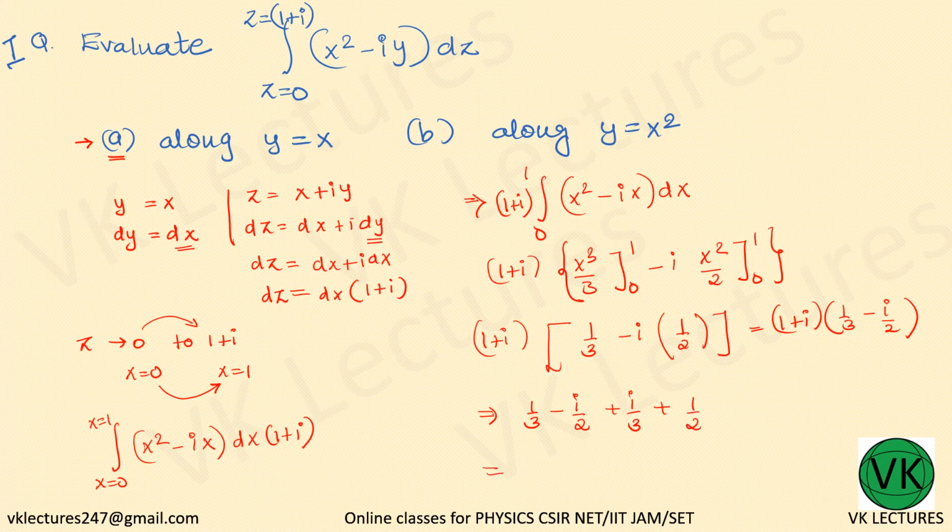So the real term is 1 by 3 plus 1 by 2, and the imaginary term is i by 3 minus i by 2. So this is 5 by 6 the real term, and the imaginary term is minus i by 6. So this is the integral.